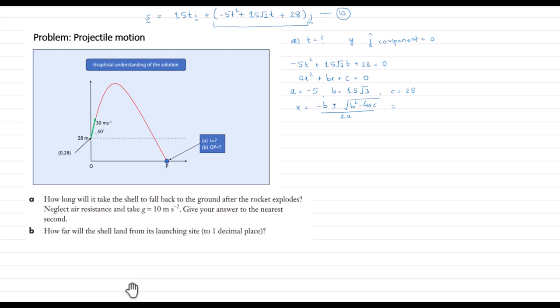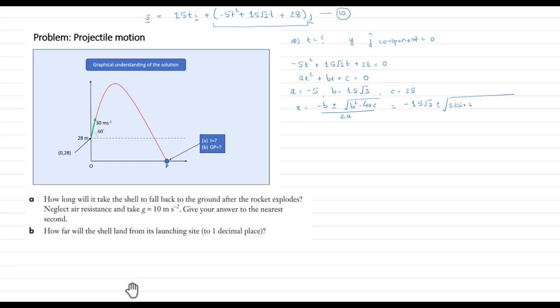So let's put the values. Minus b will be minus 15 root 3 plus or minus square root of b square. So 15 square will be 225 and root 3 square will be 3.